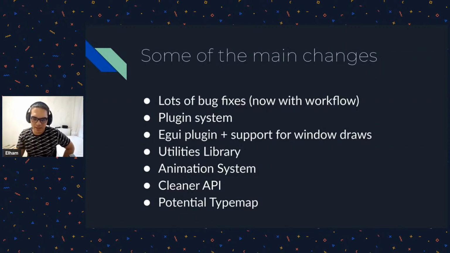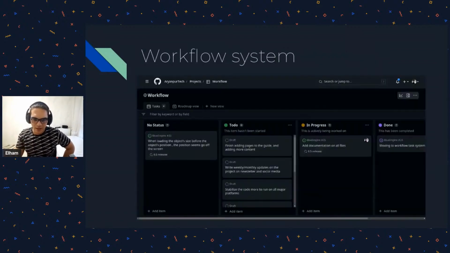I made a slide for each one of them. I've made a workflow on GitHub to make it easier to track things, like what to do next and what's in progress, and made milestones on the engine. We didn't have it in the past because it's quite a bit of work to plan things out and have them specifically dated, labeled, and things like that.